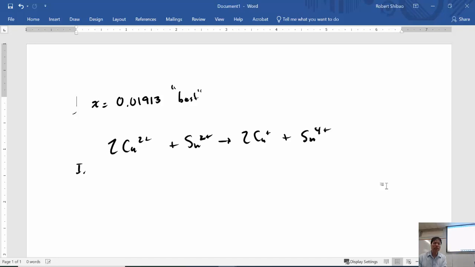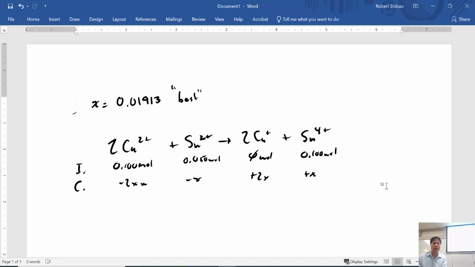And our initial values for this were 0.100 moles, 0.050 moles, and then 0 moles. And what did we have here? 0.100 moles, is that correct? Yeah. And then our change here is going to be minus 2x, minus x, plus 2x, plus x moles.